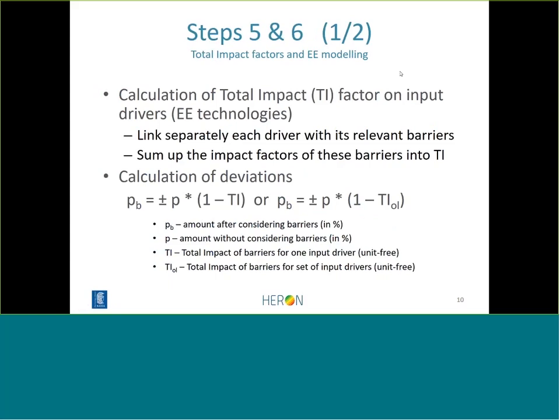Then we proceeded with the calculation of the deviations, where you can see that the new percentage is calculated by using the one without barriers and incorporating the total impact barriers of one input driver if the technology is only one, or of a set of technologies or input drivers as we name them.